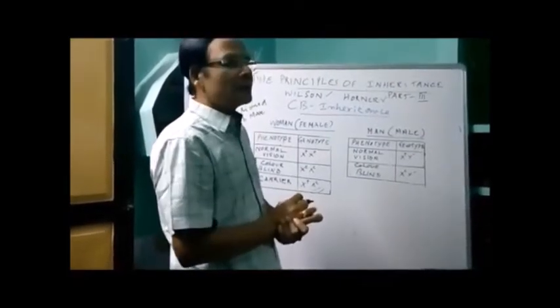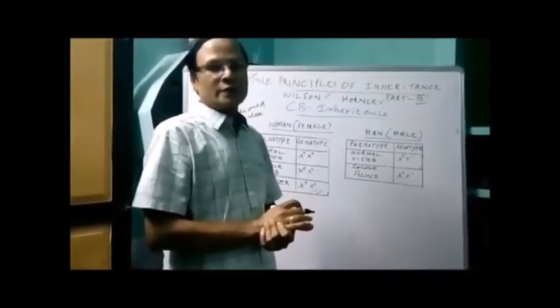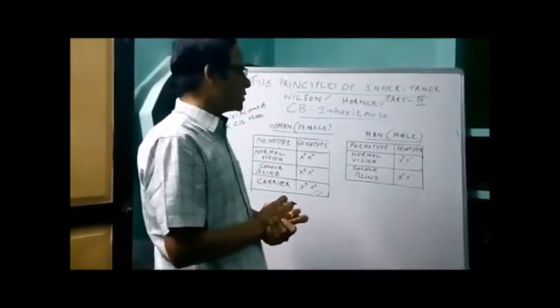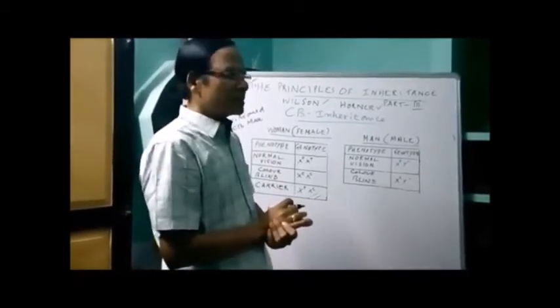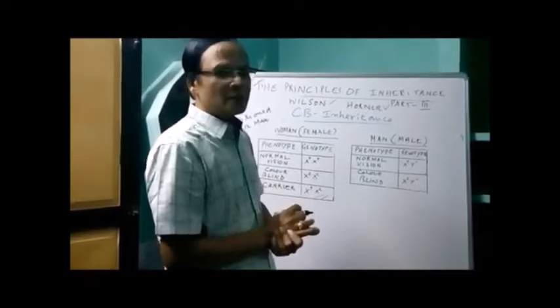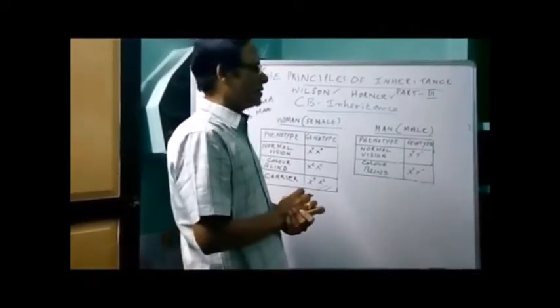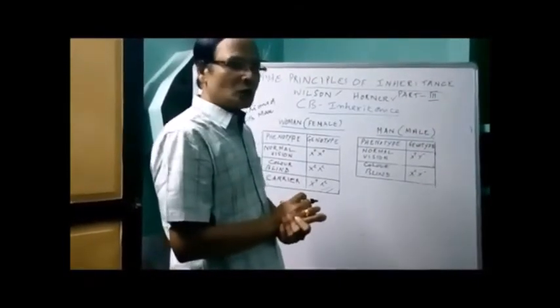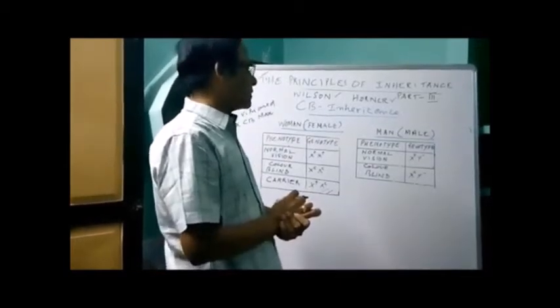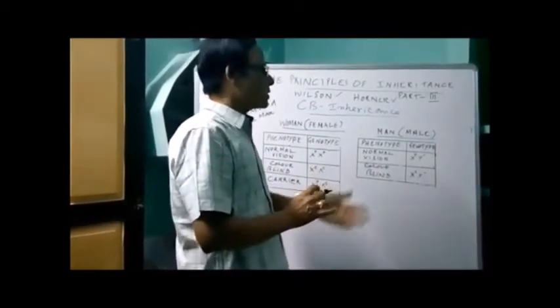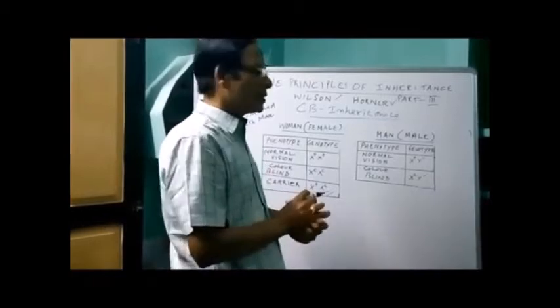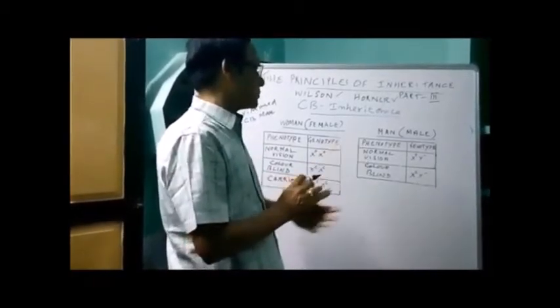Nearly 8% of the male individuals are affected. The reason, as I mentioned, is that the sex-linked or X-linked recessive character is inherited through X chromosomes, and the males have the gene only on the X chromosome, not on the Y chromosome.